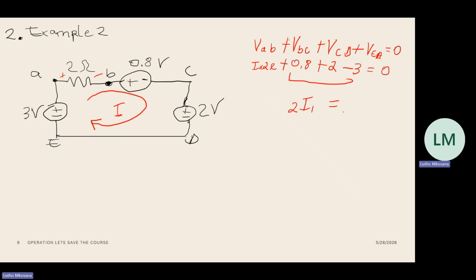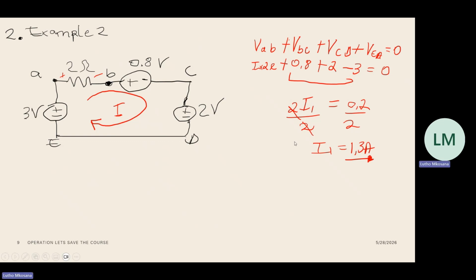Move it to the other side of the equal sign, we have 0.2 positive. Then divide by 2 both sides, we have I is equal to 1.3 amps. That's our I total for this particular circuit.